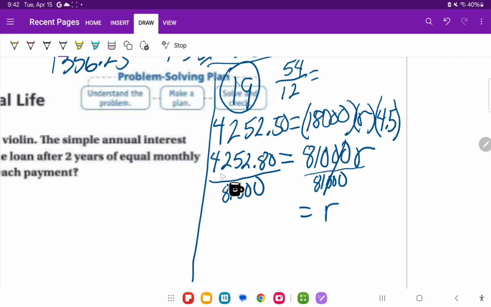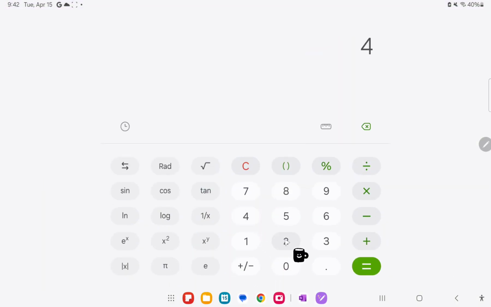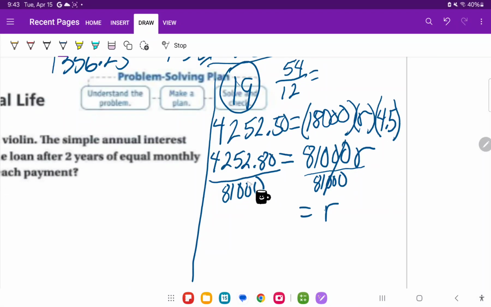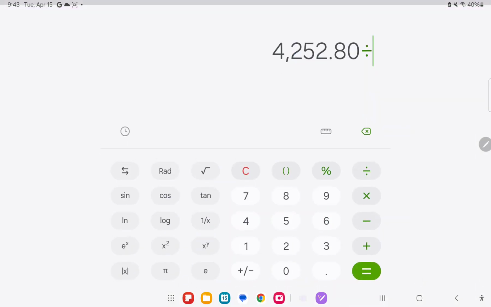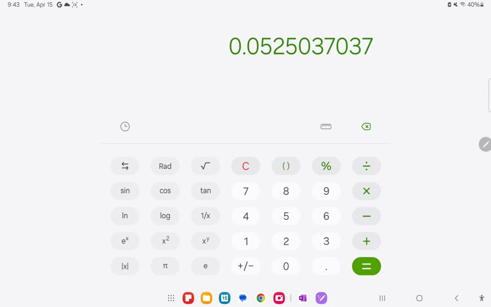So 4252.80 divided by 81,000. We want 3 decimal places, and the 0 does not cause it to round up.